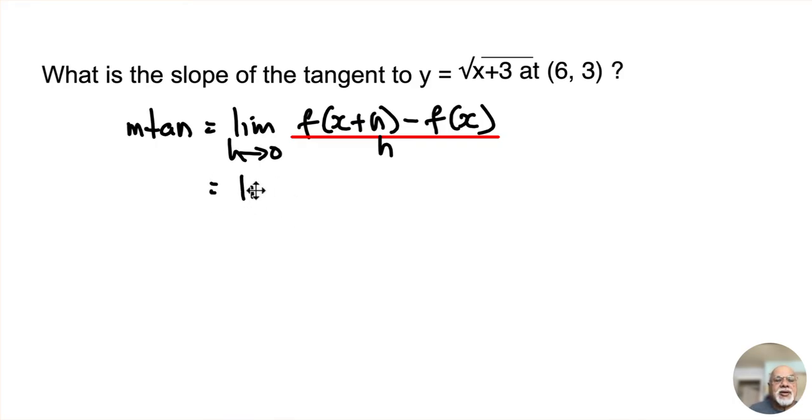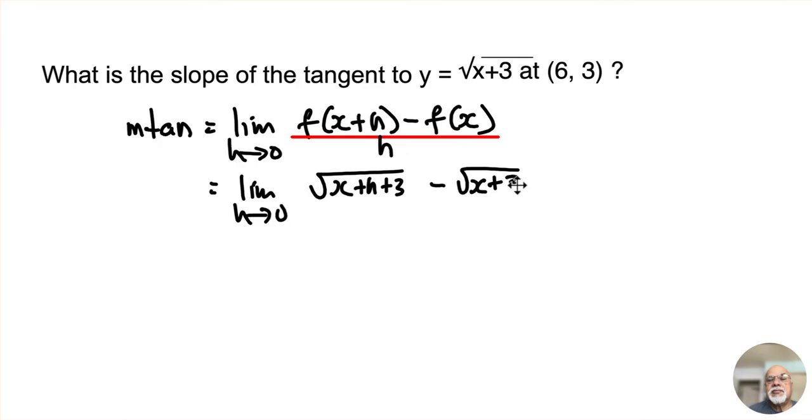Now, f of x plus h would be the square root of x plus h plus 3. All we're doing is replacing x there by x plus h, minus f of x, which is the square root of x plus 3. That's supposed to be right across like that. All over h.